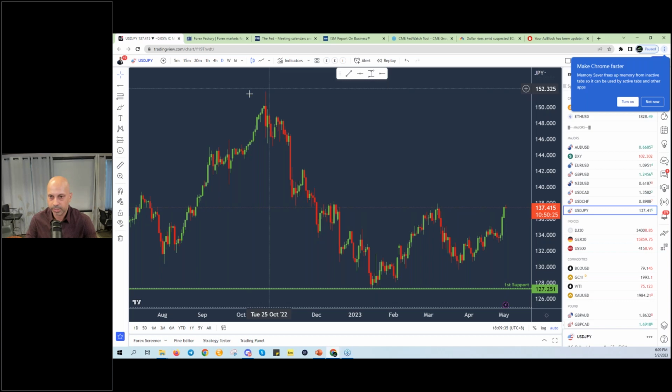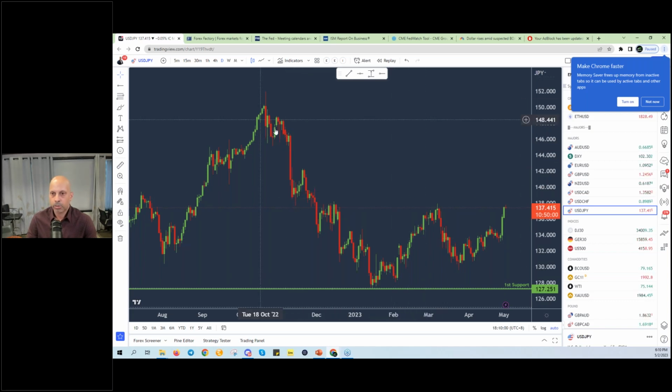Oh, sorry, which is here. This happened in the third week of October, and this was where you could see dollar yen peak at about 152. It pulled back pretty sharply, consolidated between 149 and about 145 for a few weeks before it finally started dropping significantly.